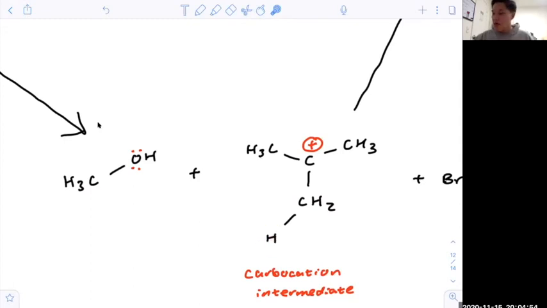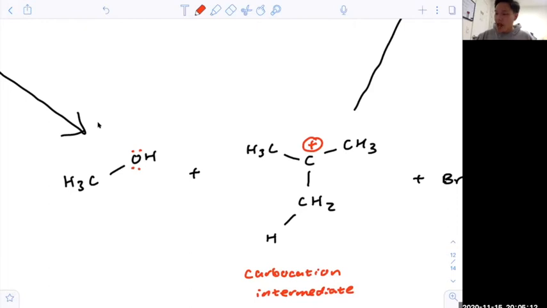The reason it can donate a proton is there is an electronegativity difference here, which makes this a delta positive hydrogen, and it makes that one a partial negative carbon.